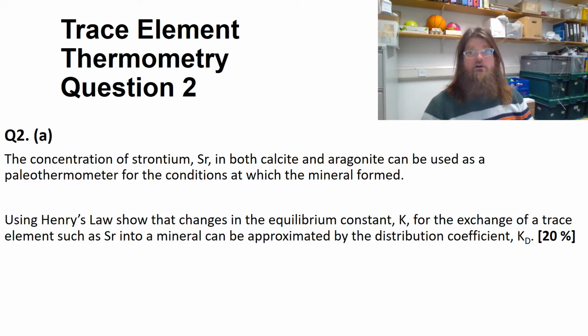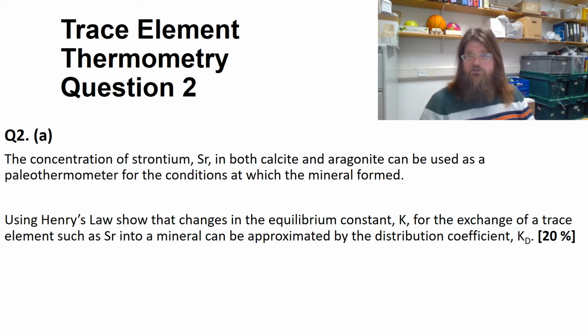So it's not about isotopes, and it's not about radiogenic strontium isotopes, stable isotope fractionation or radiogenic isotope variability. It's about the concentration of an element substituting into a mineral.